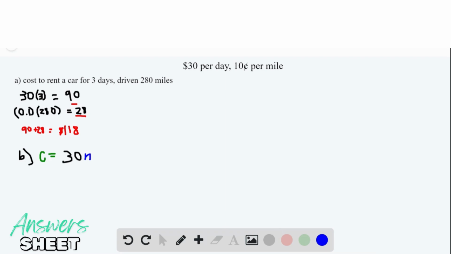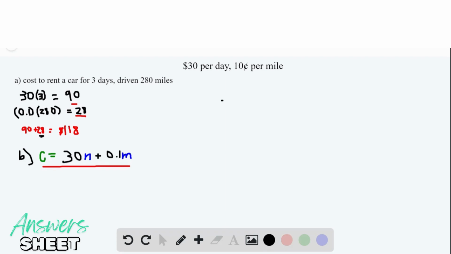And then it's going to be plus our second part over here, which is our 0.1, so our 10 cents, or $0.1, times the number of miles that we drive the car, which is going to be represented by m, according to this problem. So here our model is cost C equals 30 times n plus 0.1 times m.